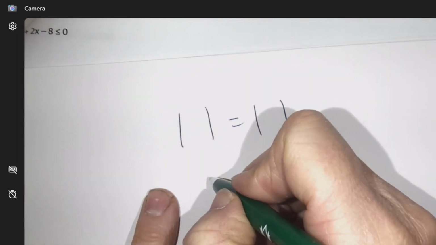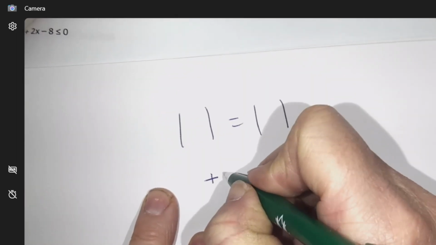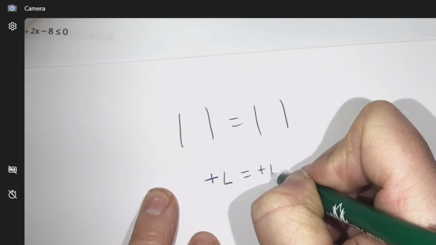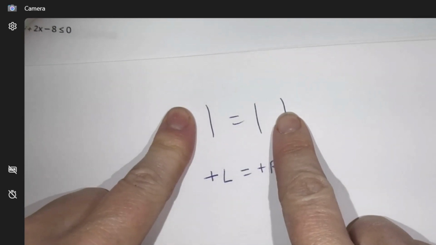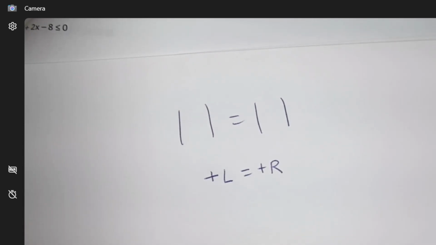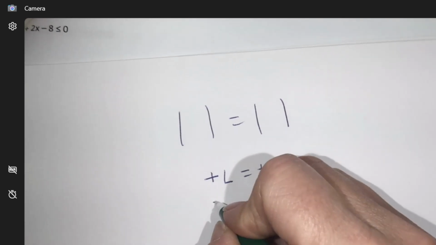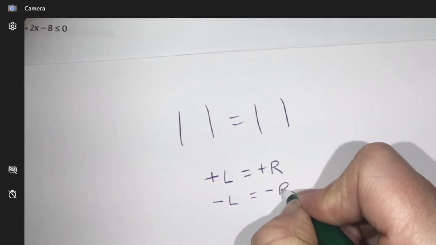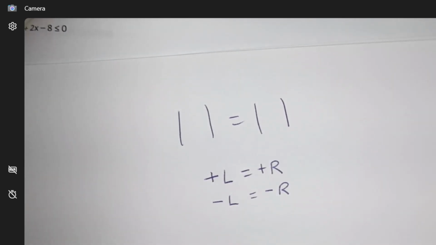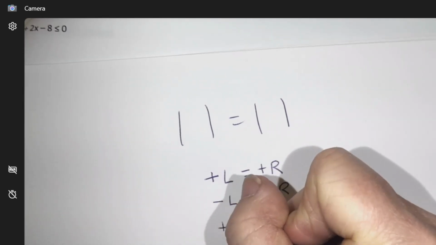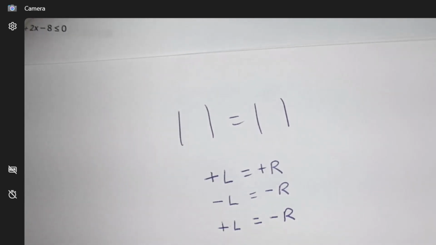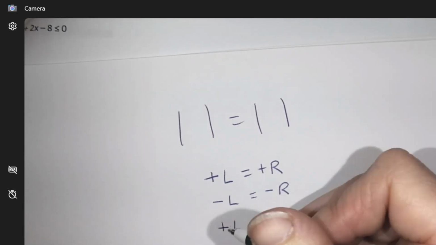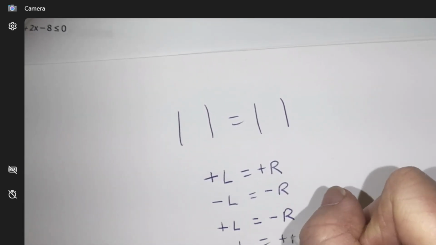So this would be where the positive left side equals positive right side. So this side equals that side. What's another partnership you could do? What's another? You could do the negative left equals the negative right. You could do a positive left equals a negative right. Or negative equals positive.